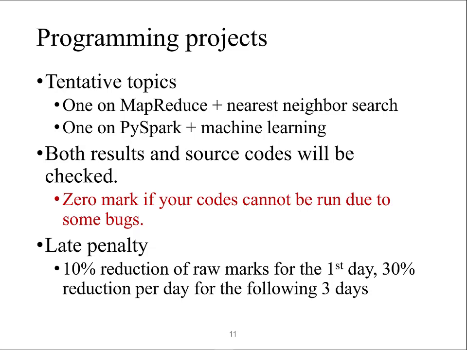For a programming project, both results and source code will be checked. So if your code cannot be run due to some bugs, sorry, unfortunately, you will get 0 mark. But the tutors and I will try our best to prevent that from happening.